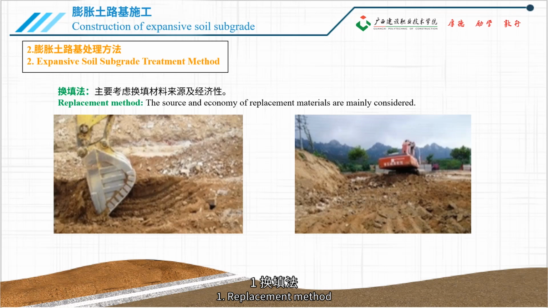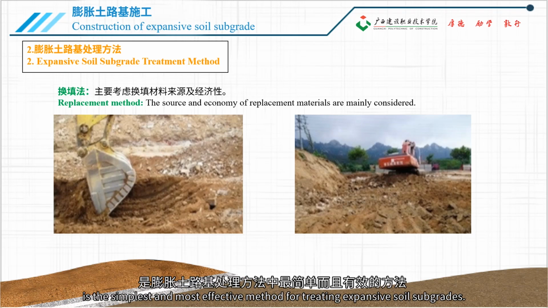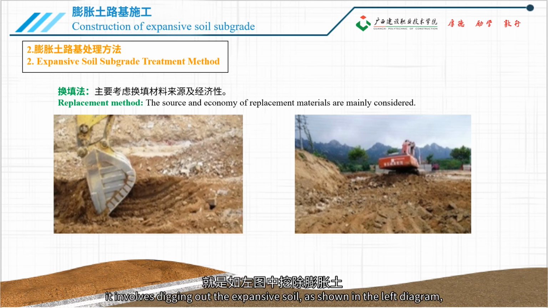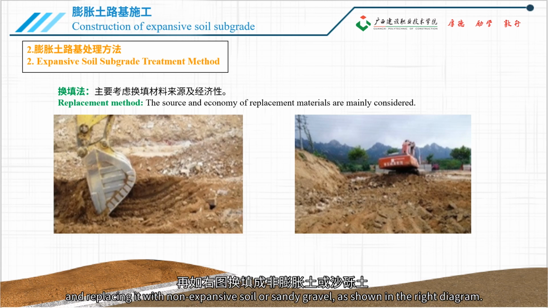1. Replacement method. The replacement method is the simplest and most effective method for treating expansive soil subgrades. As the name suggests, it involves digging out the expansive soil, as shown in the left diagram, and replacing it with non-expansive soil or sandy gravel, as shown in the right diagram.